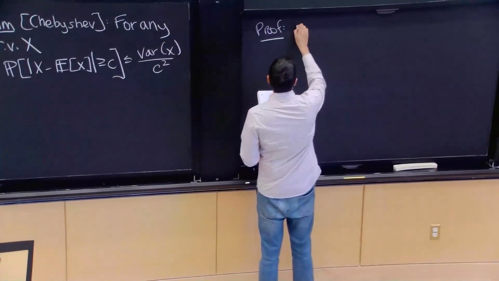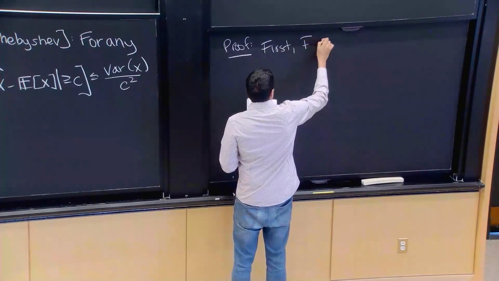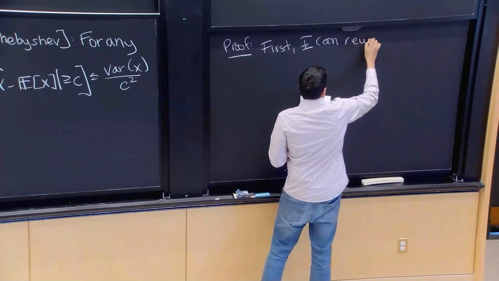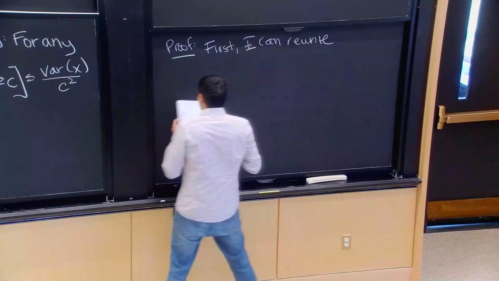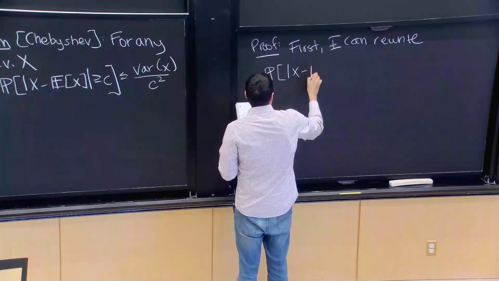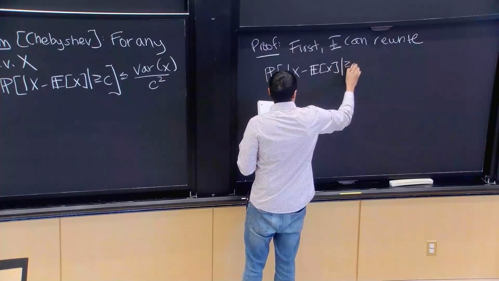So the first thing I'm going to do, I can rewrite the quantity I care about, the probability that the absolute value of x minus E of x is at least c.